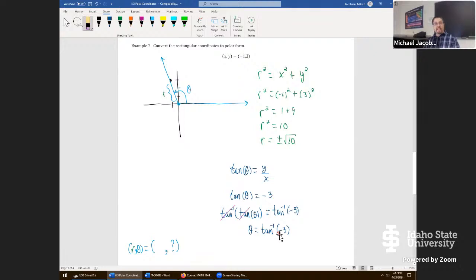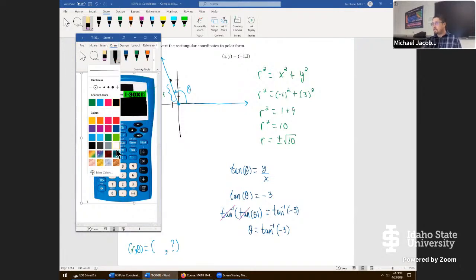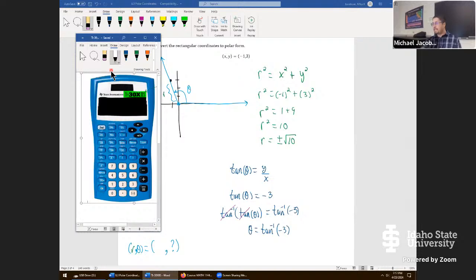I'm going to use degree mode in my calculator when I do this. And here's what it would look like. Once I get that going. Okay, first, hit that button until you see degree mode. It should say deg for degree down below. After you hit that button, the next thing you need to hit are the keys second and the tangent.